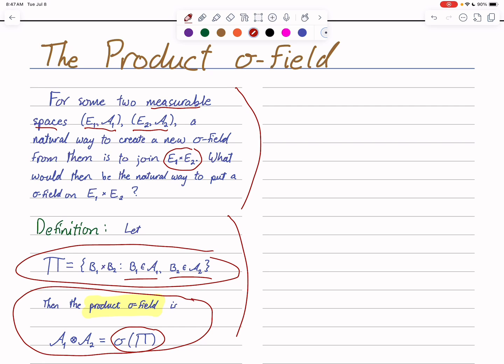Right? Pi by itself is typically not a sigma field, so we need to generate a sigma field from it. The notation for this is a circle with a times in it, right? So it's not the Cartesian product. The circled times indicates that it's related to the Cartesian product, but a little more complicated.